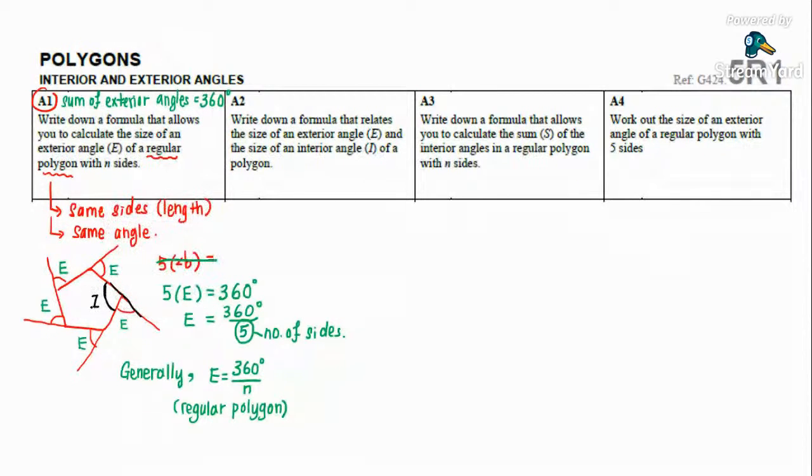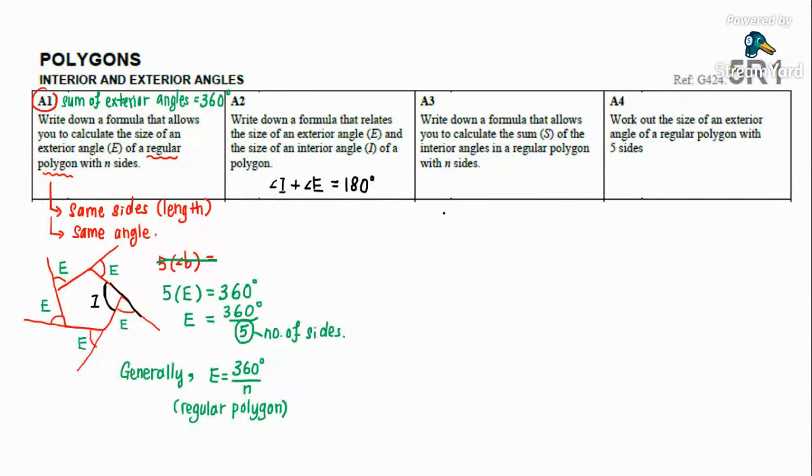So I have the interior angle here and the exterior angle here, and I know that on a straight line, the interior angle plus the exterior angle must equal 180 degrees. That is another thing that you must know. Okay, when it comes to A3, write down the formula that allows you to calculate the sum of the interior angles in a regular polygon with n sides.